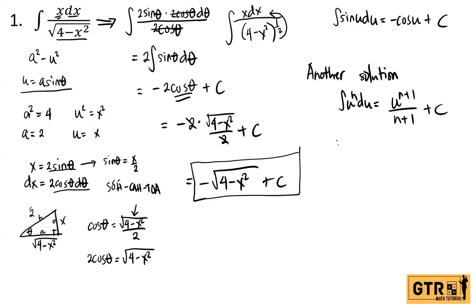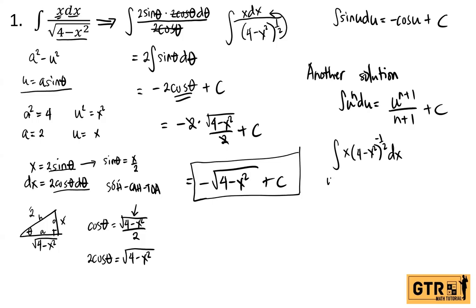So therefore, the integral will become x times 4 minus x squared raised to negative 1/2 dx. Okay, so we can use now the u to the n du because the derivative of x squared is 2x dx. So we will only have a neutralizing factor.